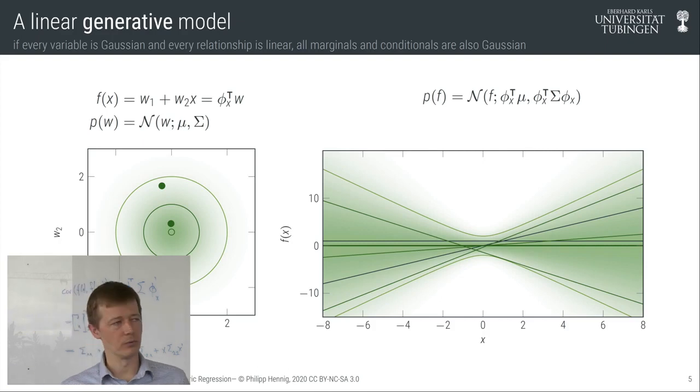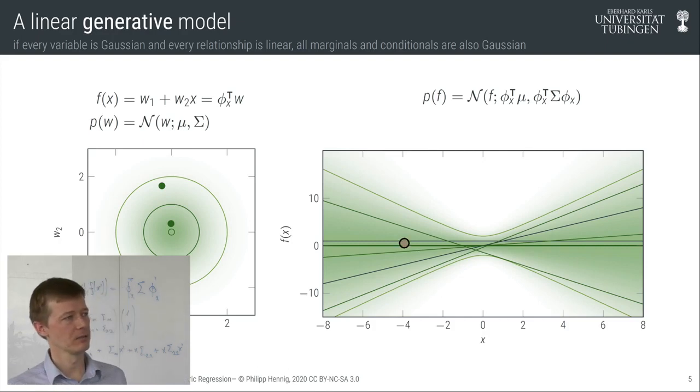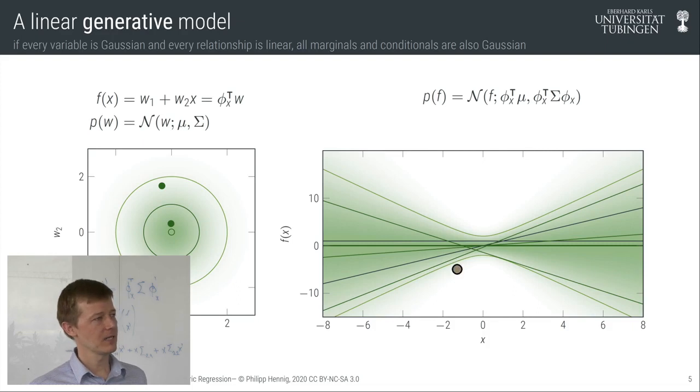Okay, I'm also showing in blue in here the values of these feature functions phi. So there's a constant function here in blue, there is just 1 everywhere, and then there's this linear function that is just x. And then finally, every single sample in the weight space corresponds to a particular function in this hypothesis space over functions.